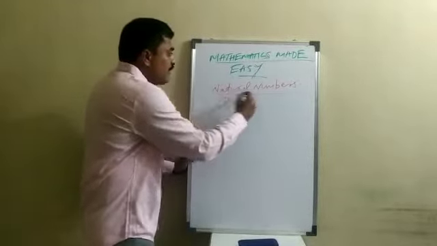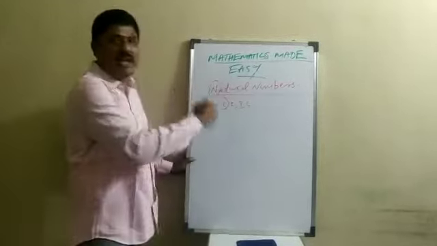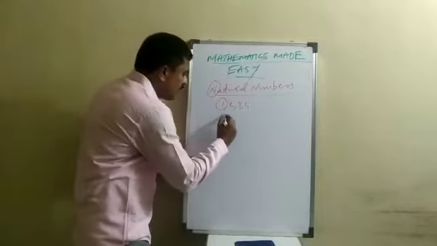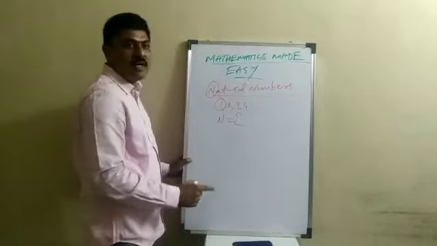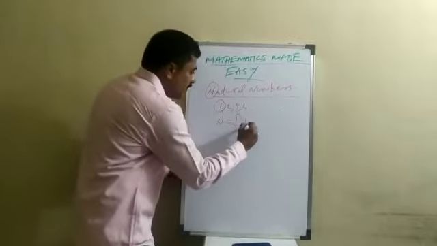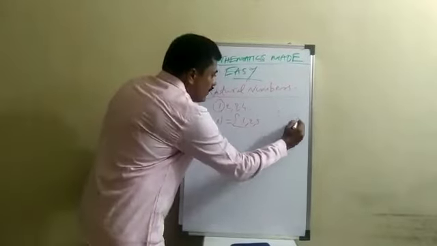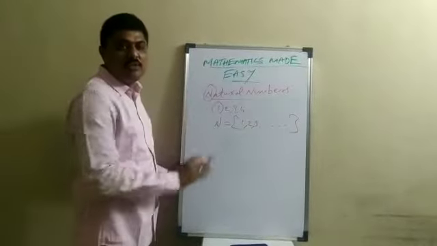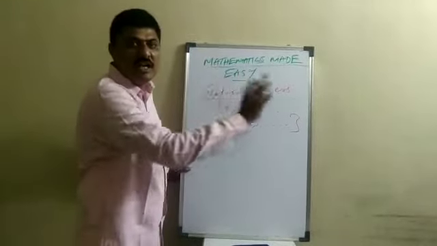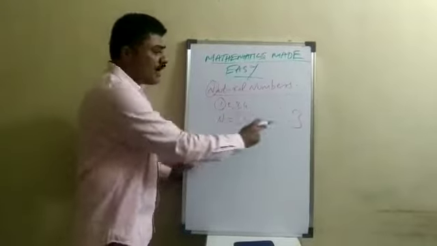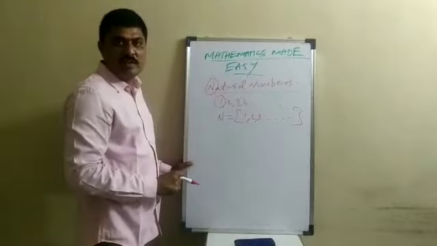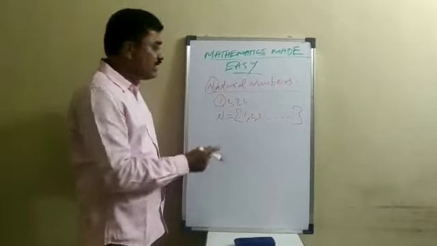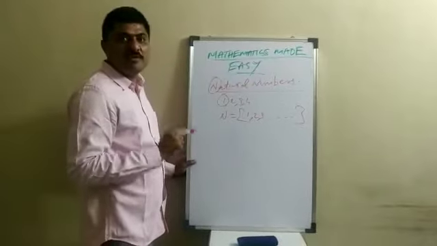Now, in the spelling natural, the first letter N is given to represent the set of natural numbers. So, the natural number set starts from 1, 2, 3, 4 and so on. There is no end of the numbers, so we cannot find out what is the last natural number. Why? Because after 9 I will get 10, a 2-digit number. If I write 1 after 10, the number becomes 101.